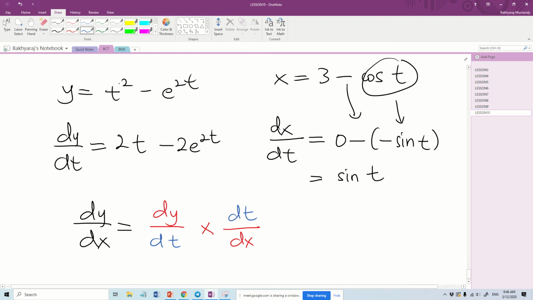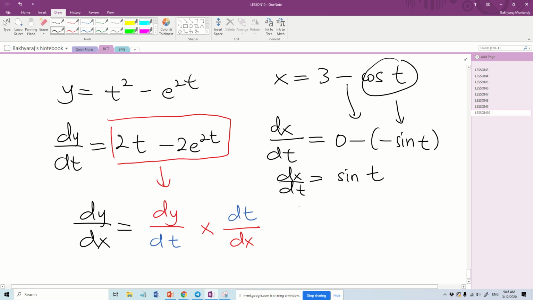So what do you get for dy/dt? For dy/dt you can put this answer in here. For the other side, here it is dt over dx, but what I have here is dx over dt.